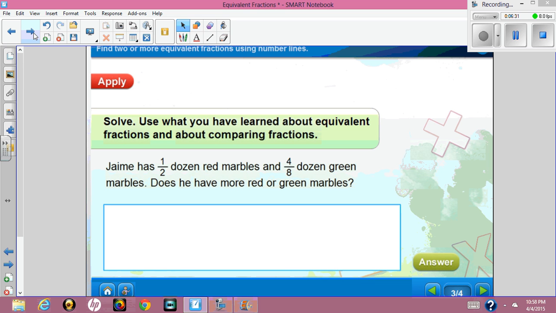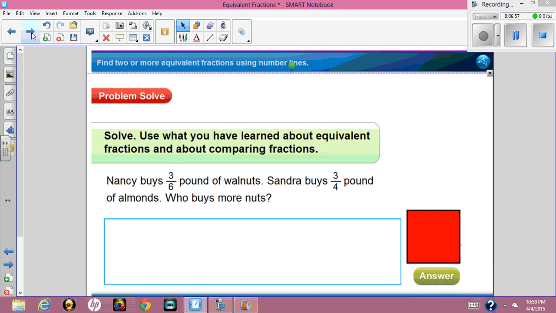Think for just a minute what we know now of equivalent fractions. Do you think that half is greater than, equal to, or less than 4/8? Think about that, and we will be talking about this in more detail.